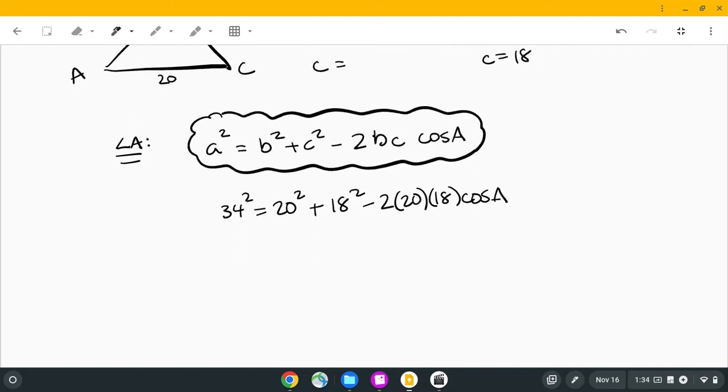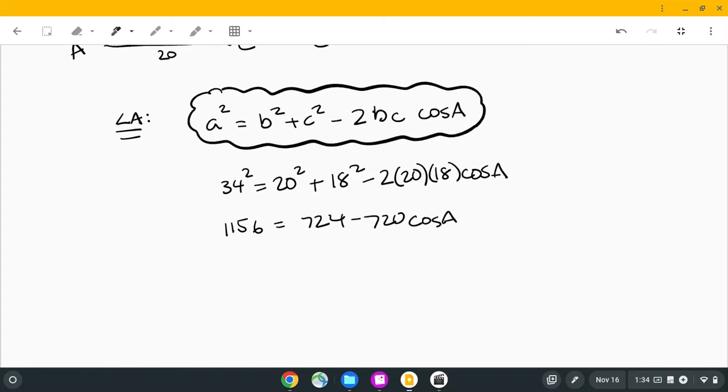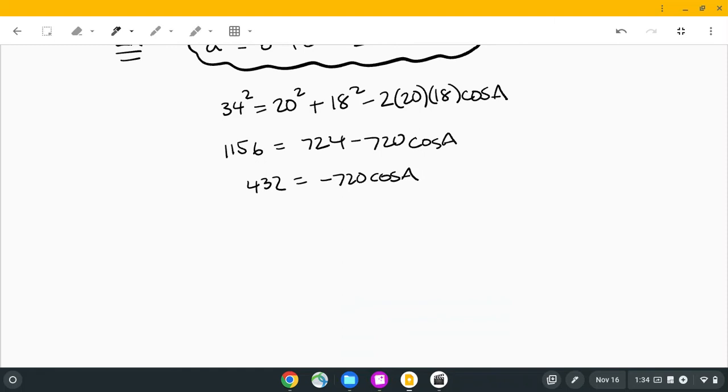So when you work this all out, you should get 1156 equals 724 minus 720 cosine A. Okay, that's 720. And then here you'll end up with 432 equals negative 720 cosine A. Divide both sides by negative 720.